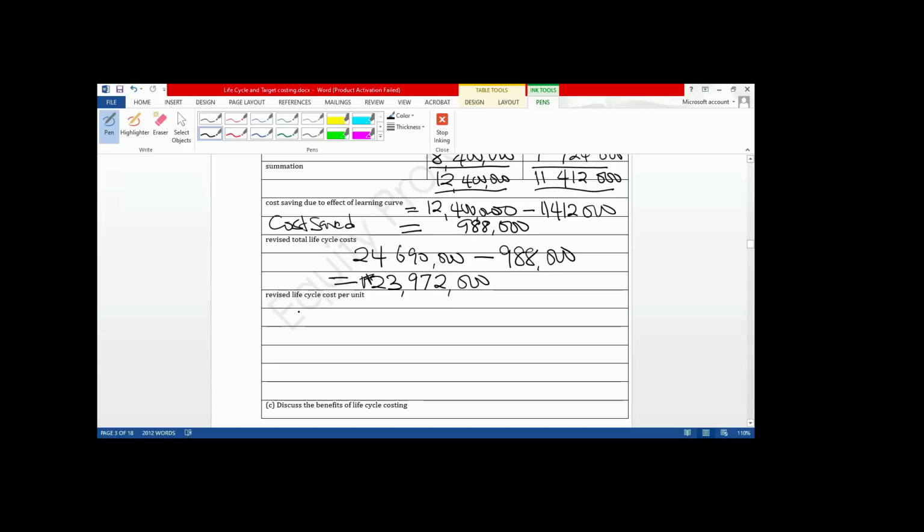The examiner says calculate revised life cycle cost per unit. I'll now do like this.